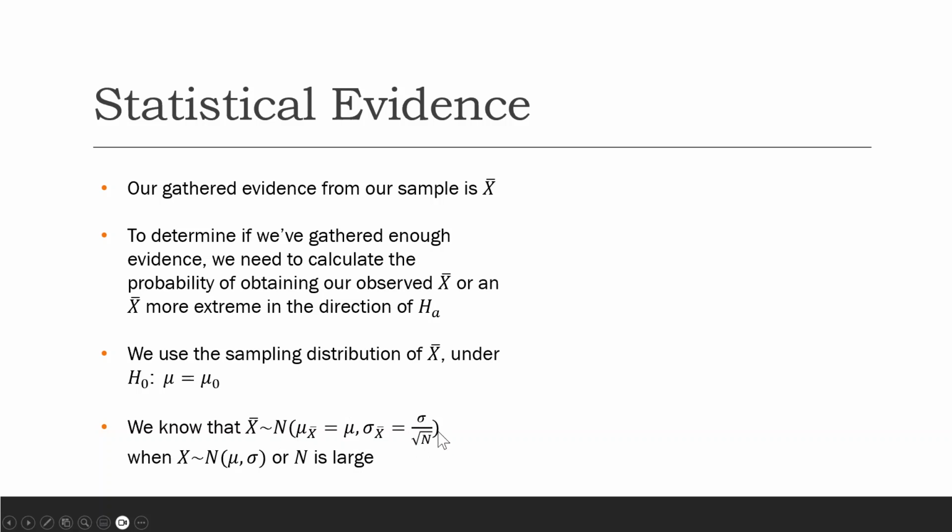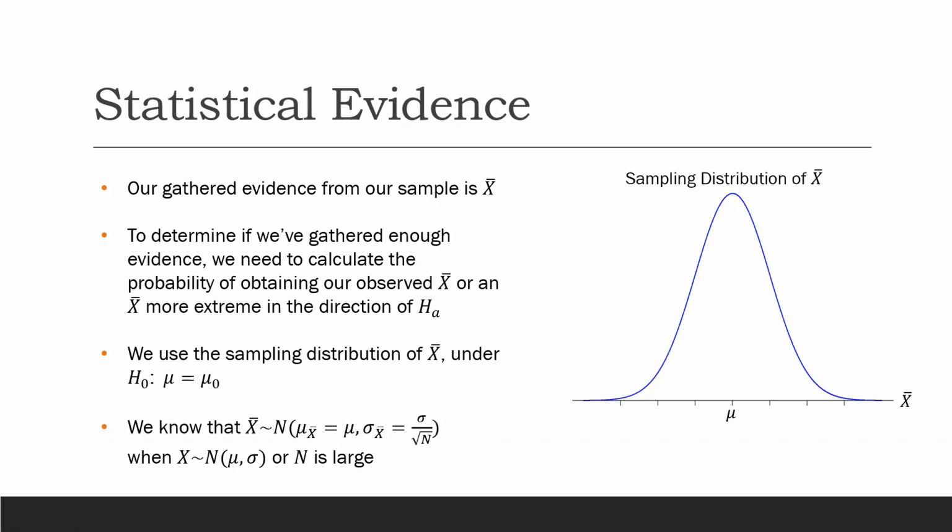And that allows me to come up with a way to calculate probabilities of different values of X bar, right? And so that is why we're using this sampling distribution stuff, because it has X bar in the middle of that distribution, and then we can calculate probabilities about X bar by looking at the areas under the curve, right?